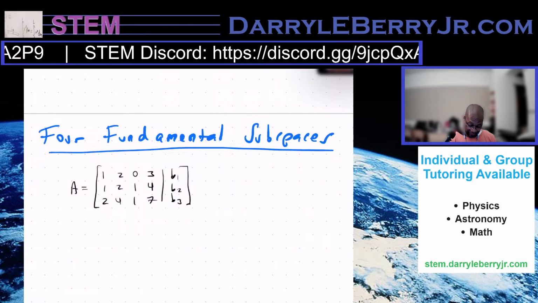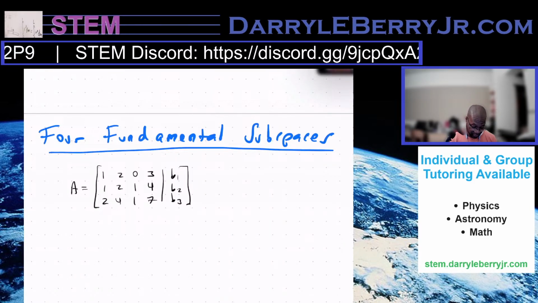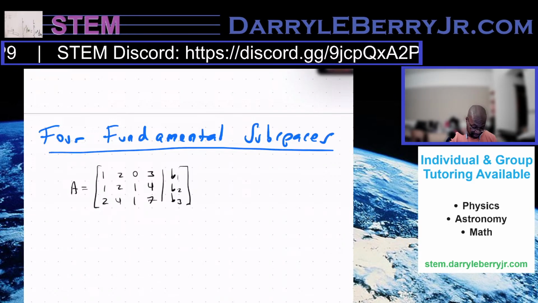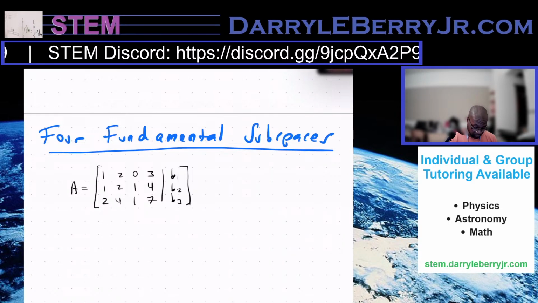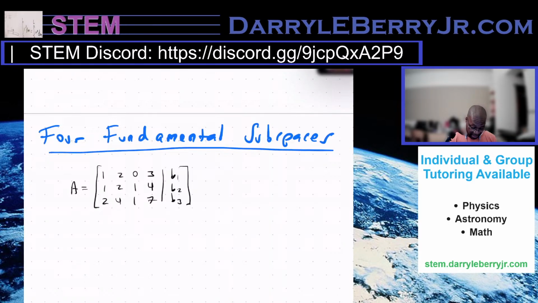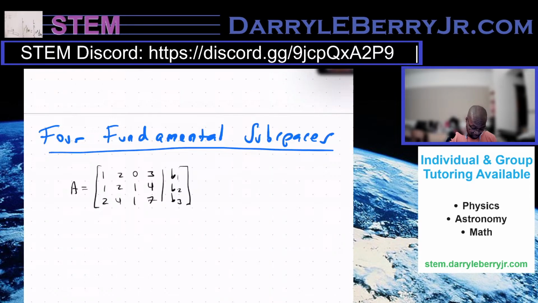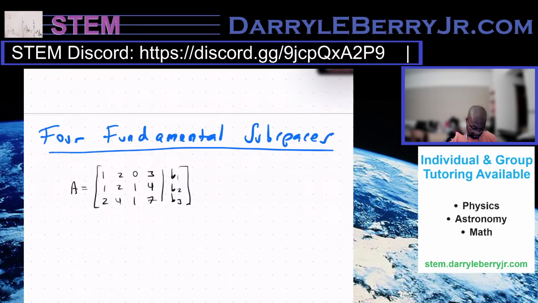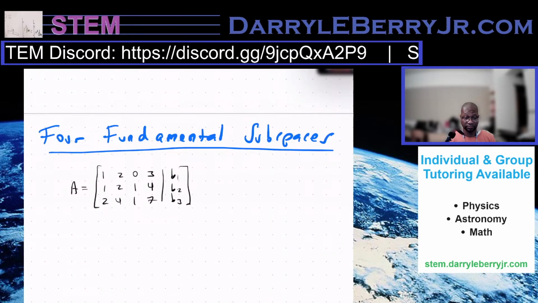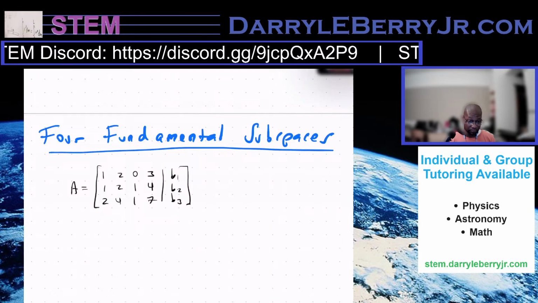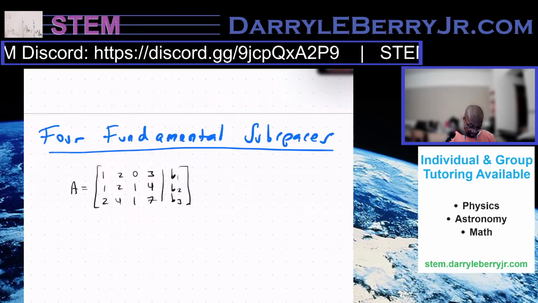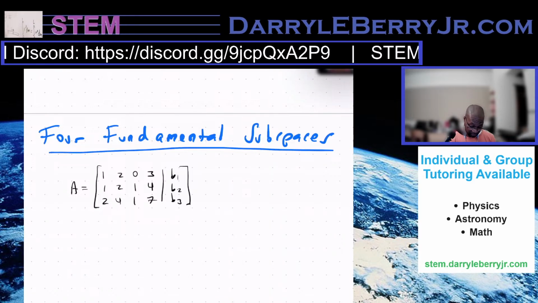The pivots are in the first column, so that means 1, 1, 2. And there's a pivot in the third column, so that means 0, 1, 1. So the column space is these two vectors: the columns of A.